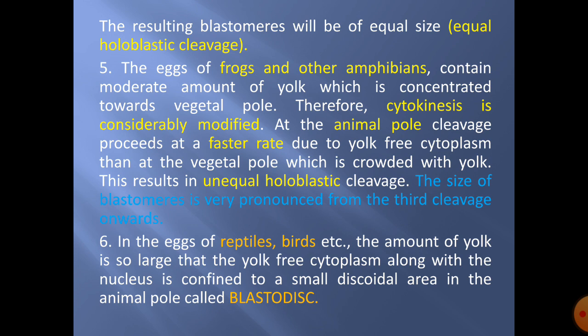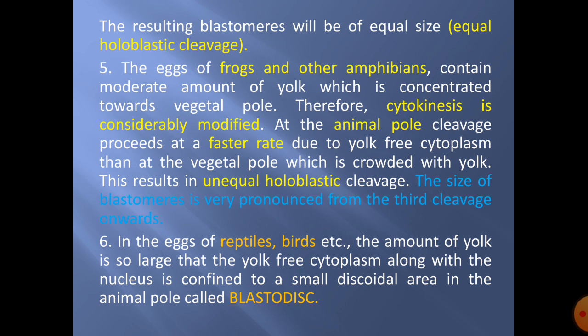The second case, the eggs of frogs and other amphibians, contain a moderate amount of yolk which is concentrated towards the vegetal pole. Therefore, cytokinesis is considerably modified. Cytokinesis is division of cytoplasm. Karyokinesis is division of nucleus. At the animal pole, cleavage proceeds at a faster rate due to the yolk-free cytoplasm than at the vegetal pole, which is crowded with yolk.